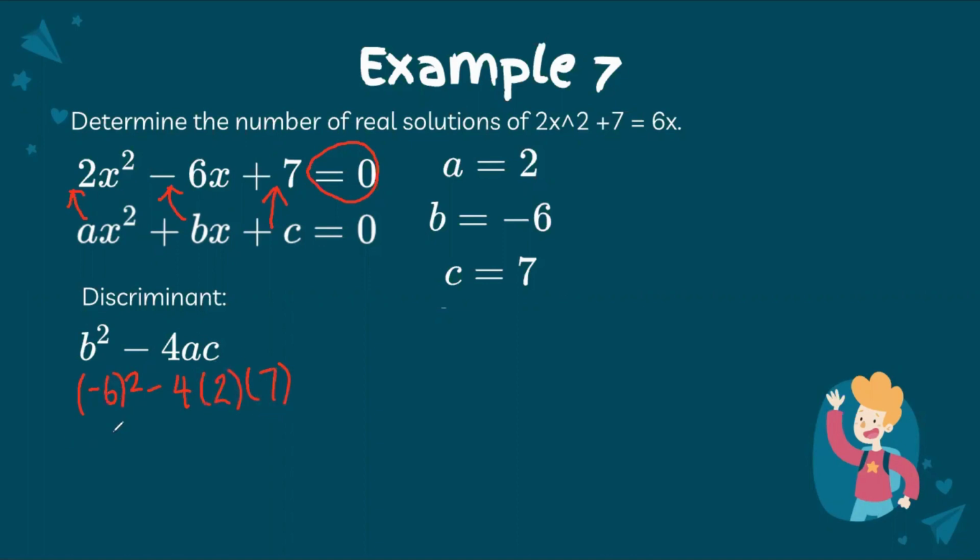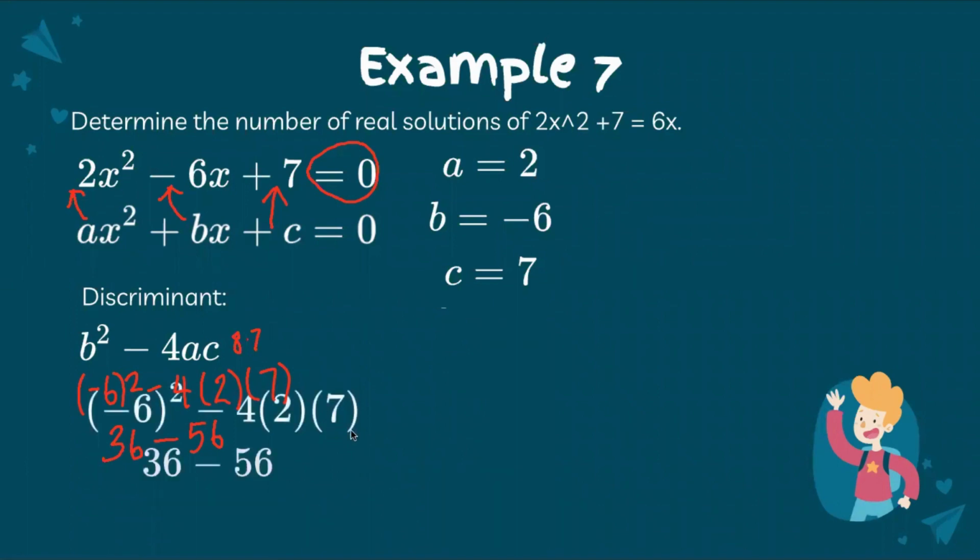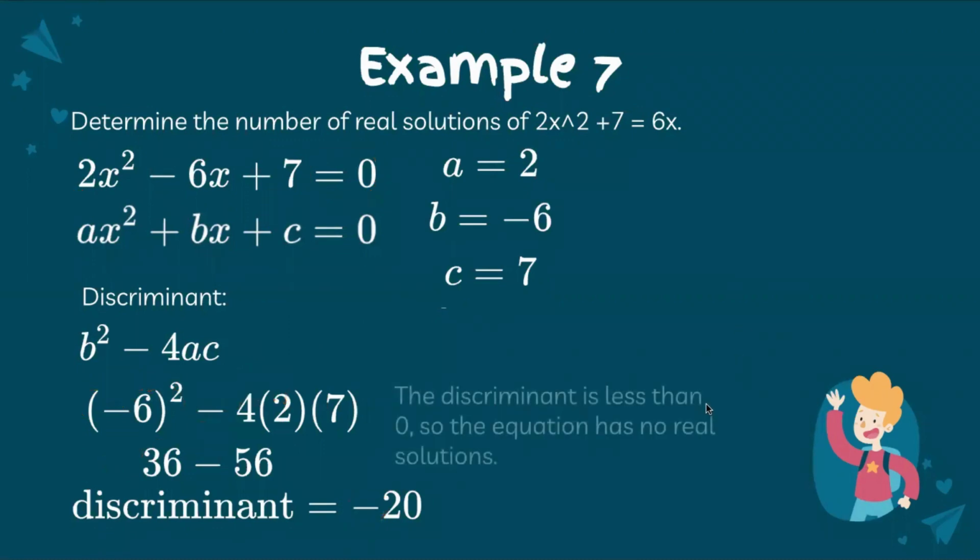So negative 6 squared just simplifies to 36, minus 4 times 2, which is 8, times 7, which is 56. And now you can evaluate what is 36 minus 56. That would just be negative 20. And so interpreting your discriminant, our discriminant in this case is negative, so that means there are no real solutions to our equation.